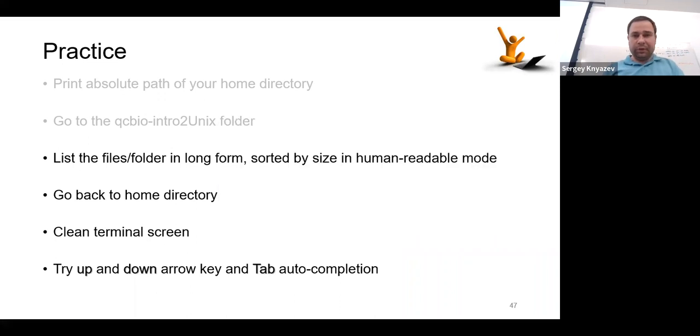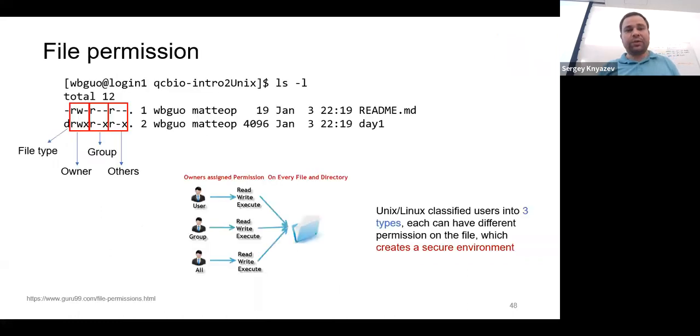Okay, let's continue. Now let's discuss the first column in our table, which is about file permissions. As you can see, there is a bunch of letters here, including dashes and so on. The first letter we discussed is the file type.